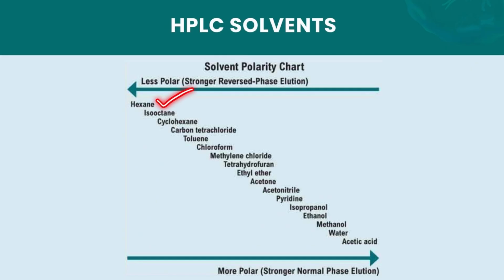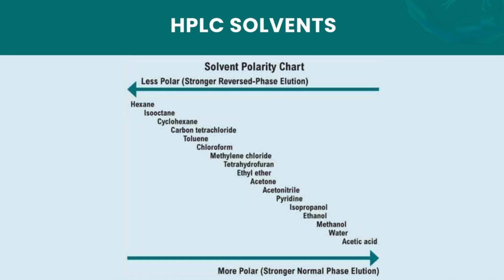Remember, hexane is non-polar, then isooctane is slightly more polar, cyclohexane more polar, carbon tetrachloride polarity is increasing, then toluene, then chloroform, then methylene chloride, then tetrahydrofuran or THF, then ethyl ether, then acetone, then acetonitrile, then pyridine, then isopropanol, then ethanol, then methanol, then water, and then acetic acid.